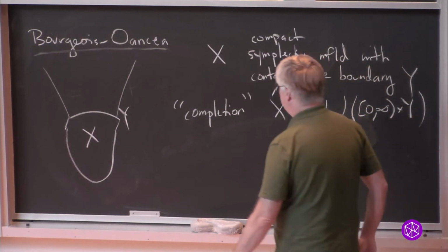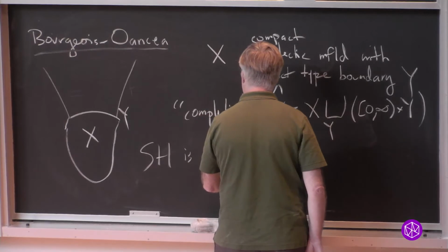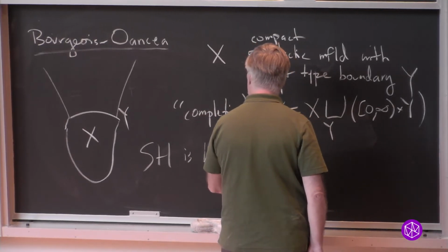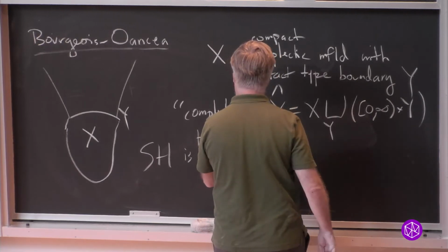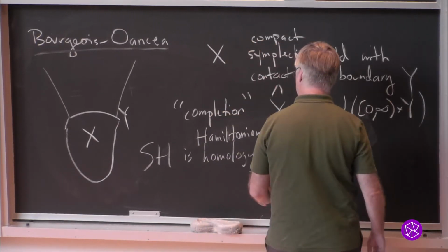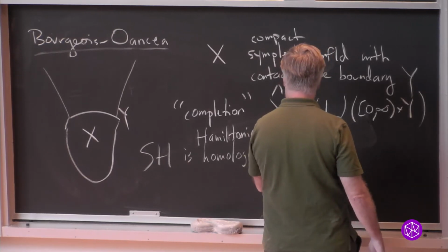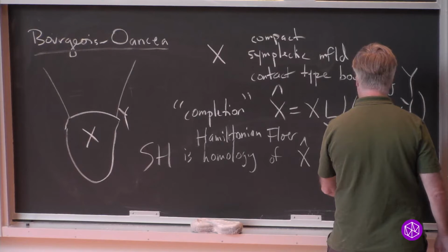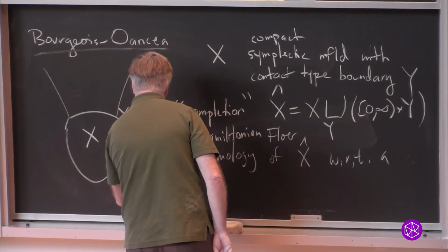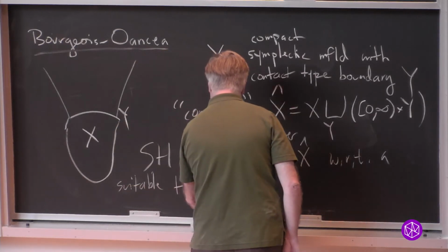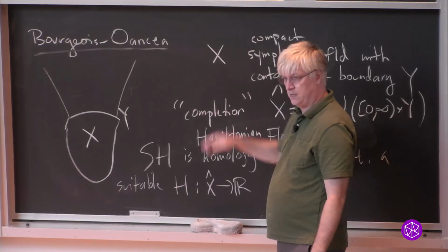And then symplectic homology is the Hamiltonian Floer homology of this completion with respect to a suitable Hamiltonian H on this completion, which goes to infinity as you go up the ends.